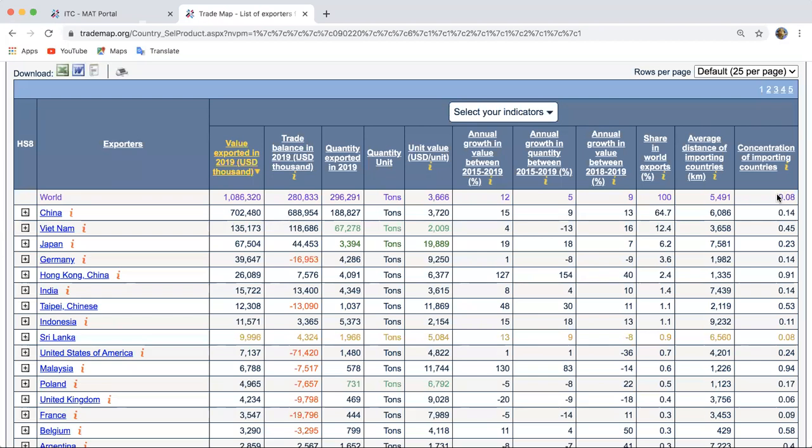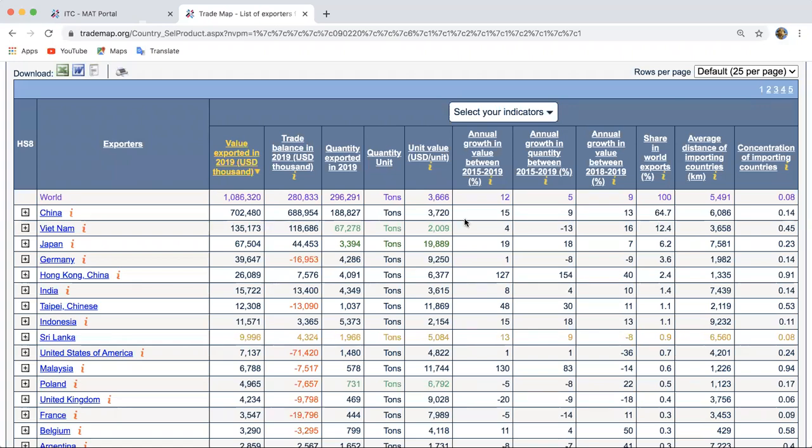If this number is between 0.1 and 0.18, for example, China, this means that it's moderately concentrated. So it is still supplying quite a bit of different countries, but there's some concentration in a few. Most of its exports go to a few top countries. But when we go above 0.18, this means that these imports are very concentrated.